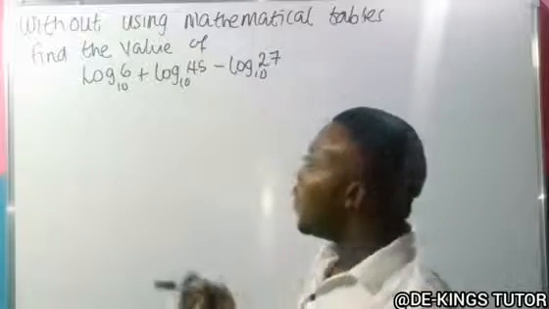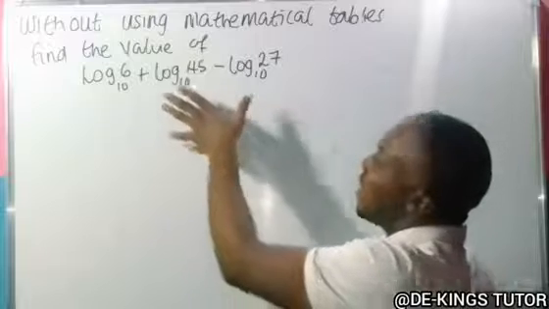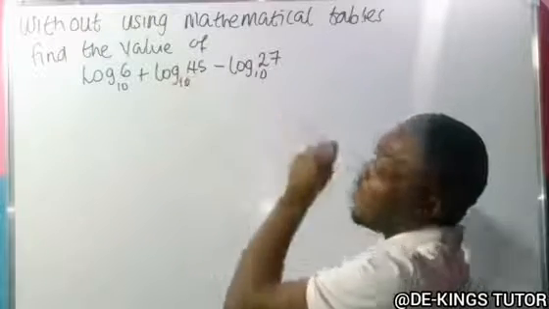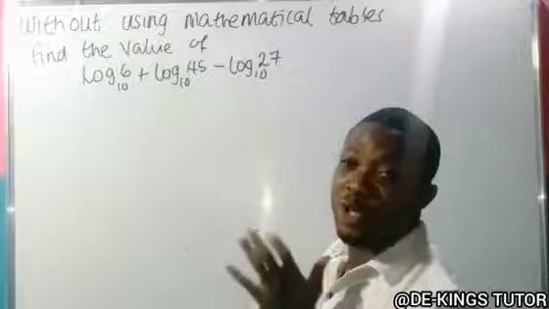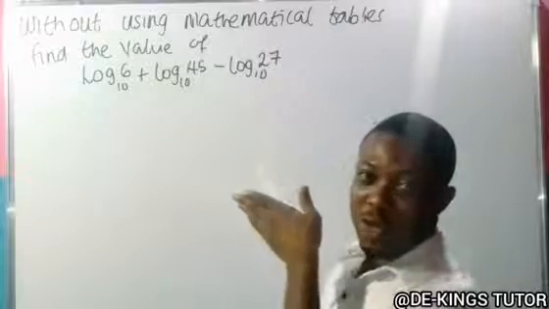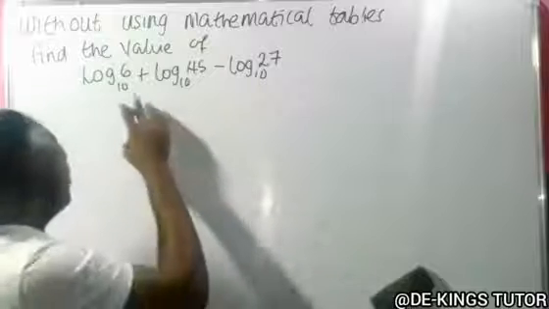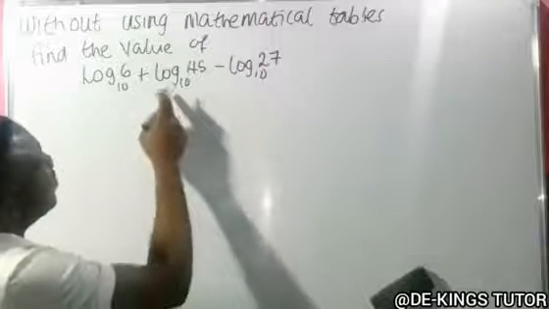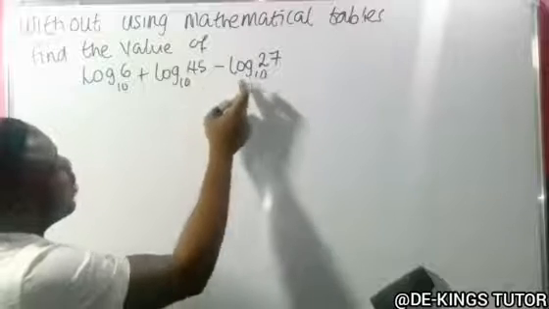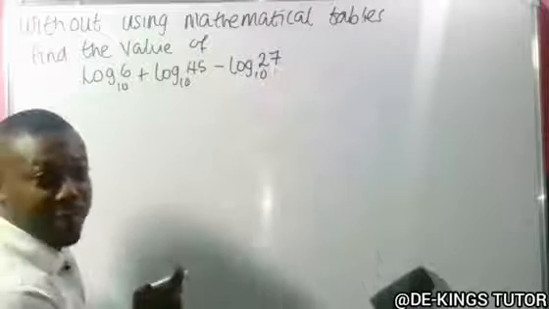Once a question like this occurs and they say without using mathematical tables, it means they want us to use the laws. So to solve this, it is very simple. We have log 6 to base 10 plus log 45 to base 10 minus log 27 to base 10.